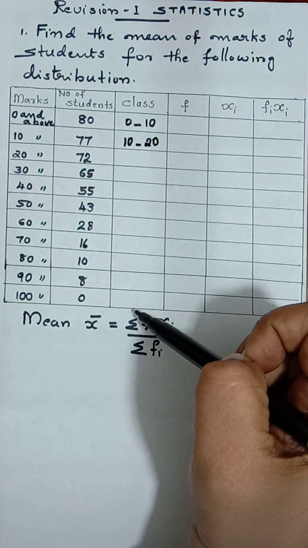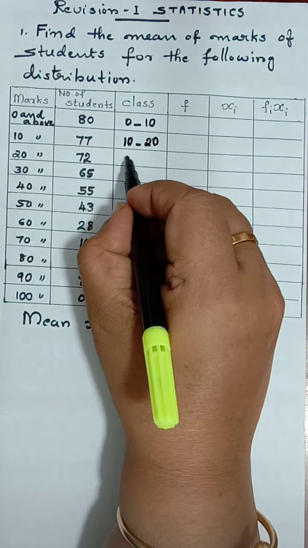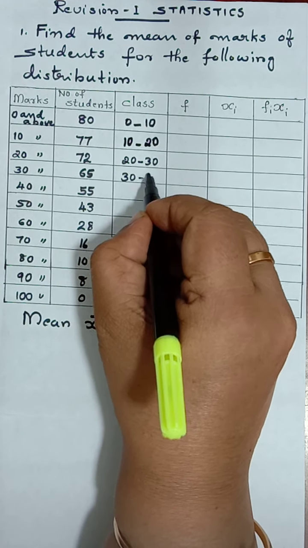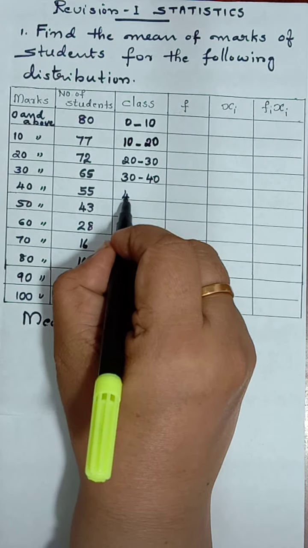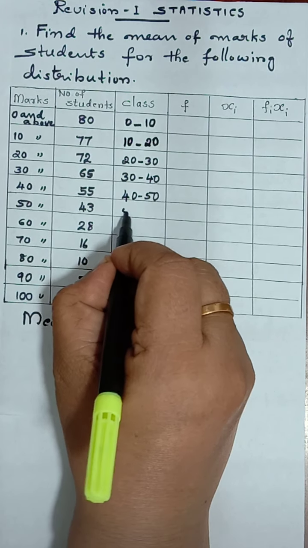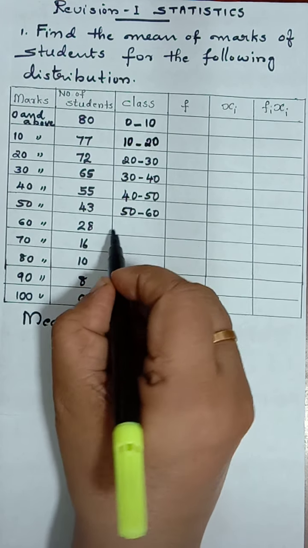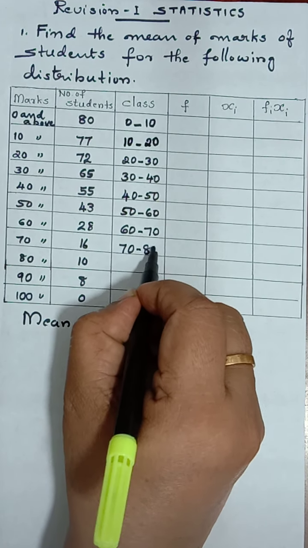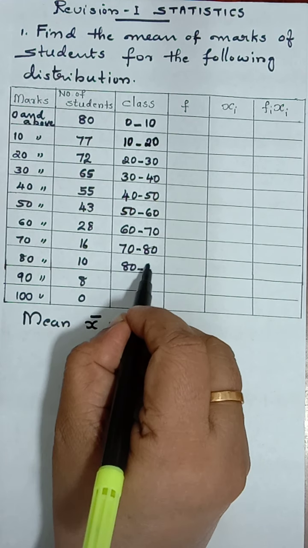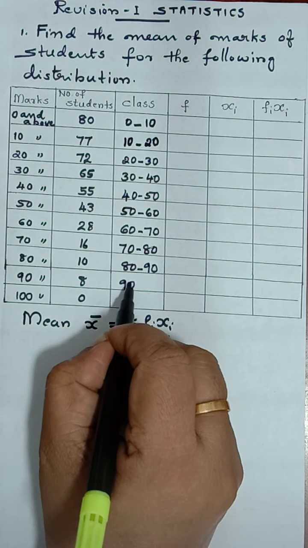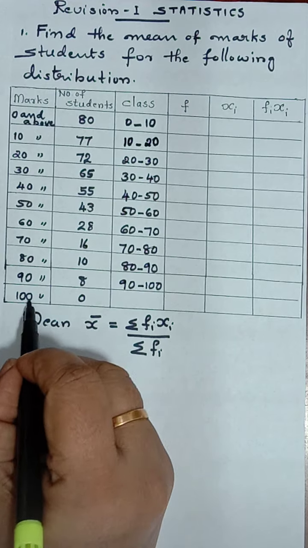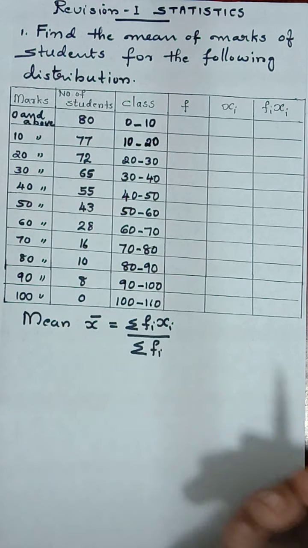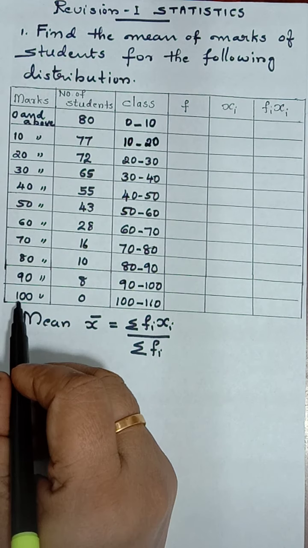So we will continue writing the classes like this: 20 to 30, 30 to 40, 40 to 50, 50 to 60, 60 to 70, 70 to 80, 80 to 90, 90 to 100, and 100 and above, that is 100 to 110, I am considering. Okay, so 100 and above.